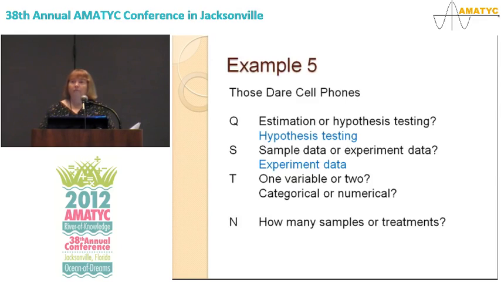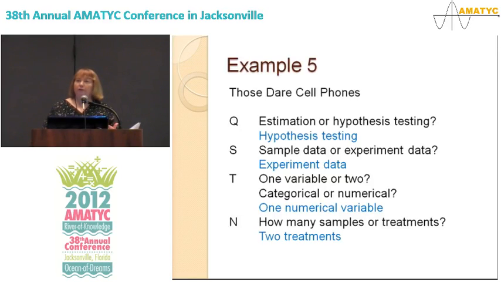Okay, one variable, response time, categorical, numerical? Okay. Numerical, so response time, so this would be 1 numerical variable, and then in this case it would be how many treatments, because we've answered experiment data, how many treatments? Yeah, two treatments, because we've got talking on a cell phone versus listening to the radio.